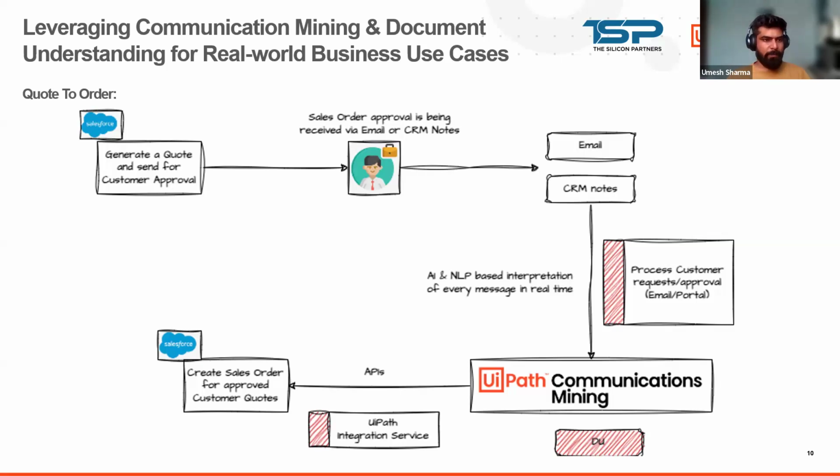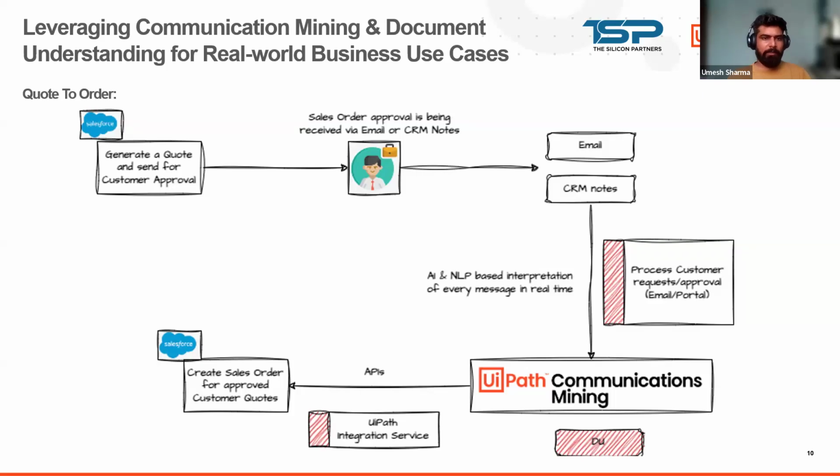For any additional attachment that we might have in the email or notes, the bot will be using document understanding to extract relevant information from quotation PDFs, and it can send it to Action Center for manual validation. So the data is extracted from the email or the CRM notes, and the details are also extracted using document understanding and Action Center.